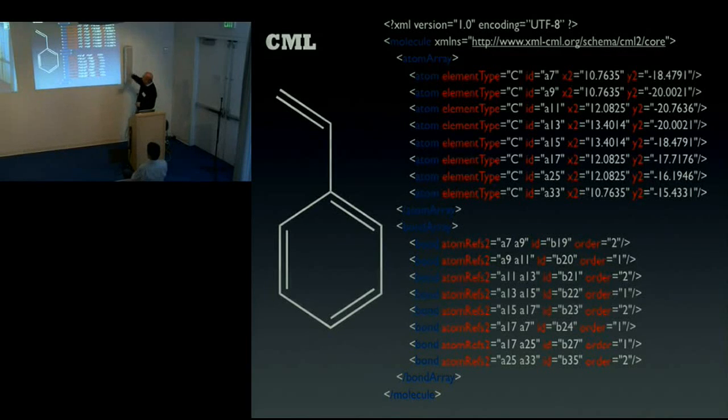It has an ID and an X and a Y coordinate, and this sort of representation in essence allows you to construct that sort of representation there on the left. And that atom there is connected by the first bond here to the next atom along the list, A7 and A9. The bond in itself has an ID, and it's a bond order 2, so it's a double bond somewhere there in that molecule.